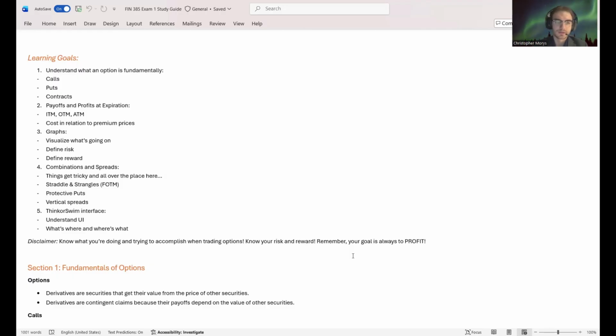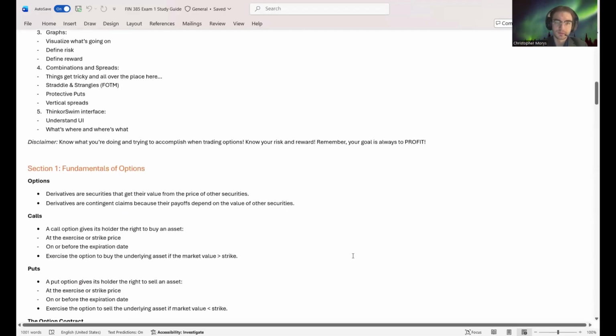So we're going to be talking about things like straddles and strangles, protective puts, and vertical spreads. And lastly, we'll do a short, quick intro on the Thinkorswim interface. There will be a screenshot of the interface on the exam. So in order to prepare and be successful for the exam, we need to understand the UI and basically what's where on Thinkorswim.